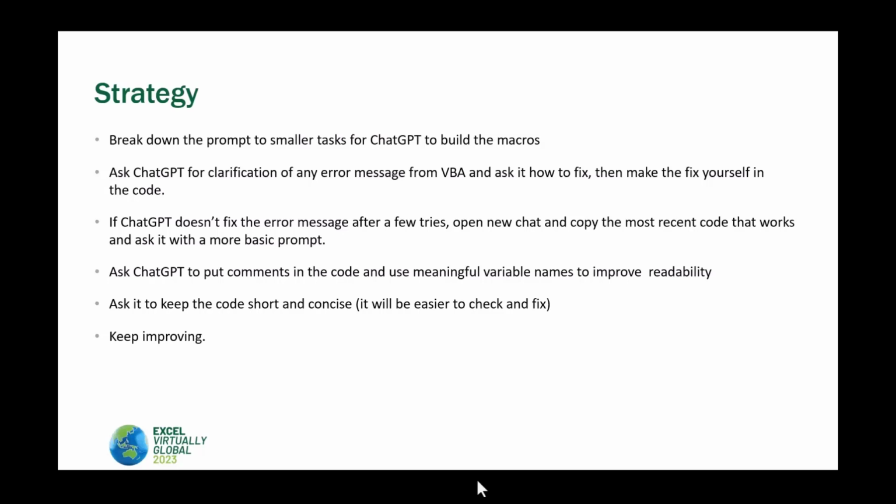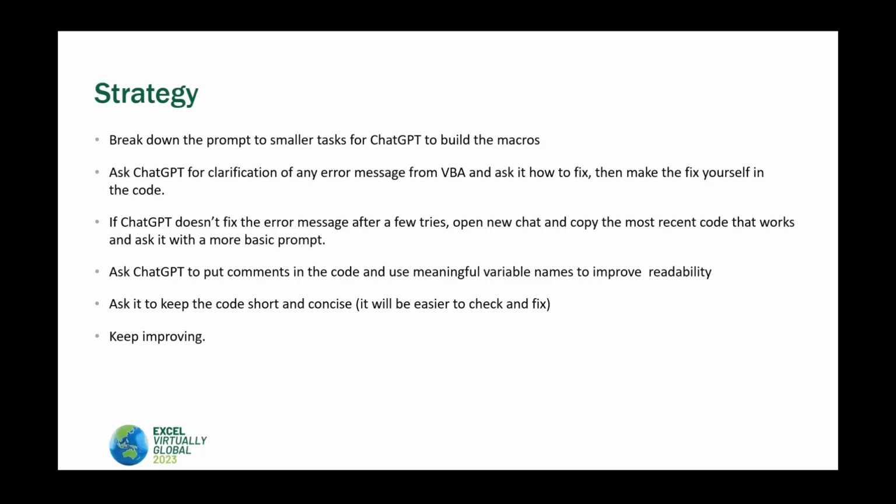Next, when we're building the macro, sometimes we receive an error message from VBA. Don't panic. We can ask ChatGPT how to fix it, then we can fix it ourselves. And sometimes when we're being lazy, we ask ChatGPT to fix the code for us.